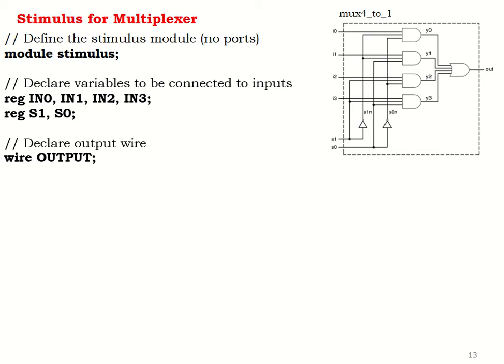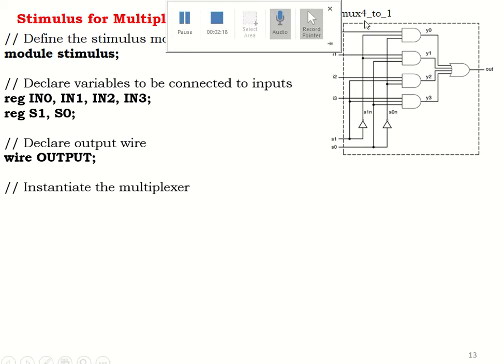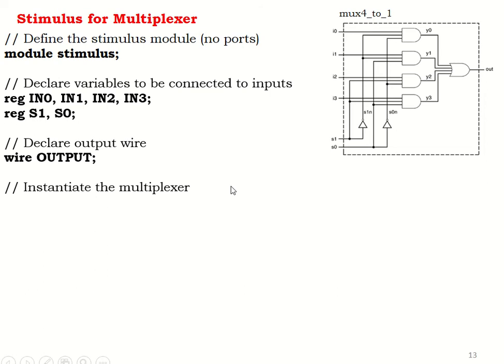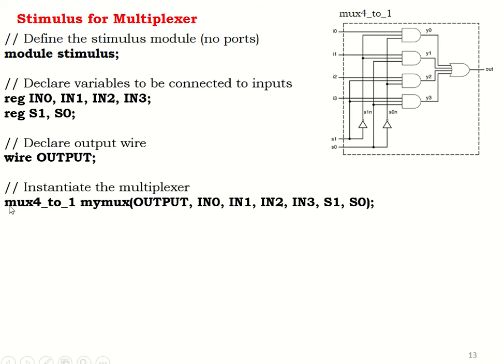Okay. Once the variables are declared for the inputs and outputs, I need to instantiate the design with the name MUX 4_2_1, using the same name, and my MUX is the instance name. Here MUX 4_2_1 is the design block name which I wrote in the previous video.